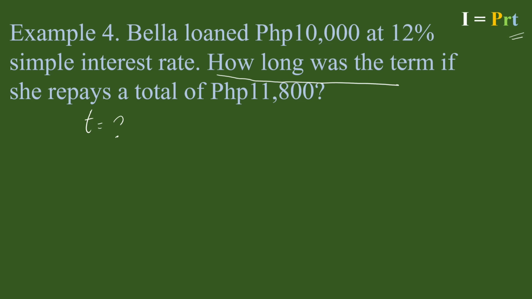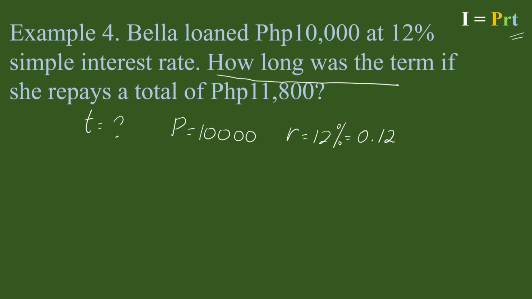Now let us identify the interest, the principal, and the rate. Now we can see here 10,000 pesos is the initial amount, so that's the principal. And then 12% is the rate of interest, which is equivalent to 0.12.